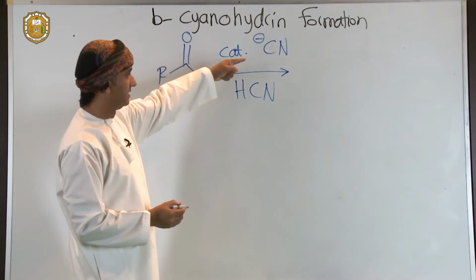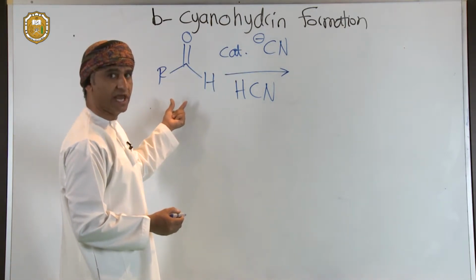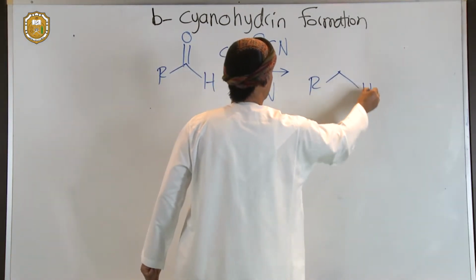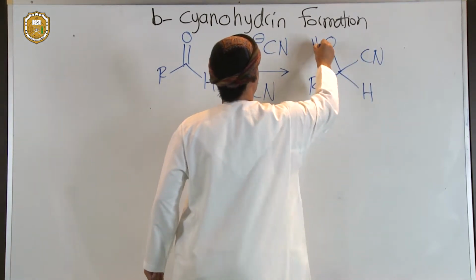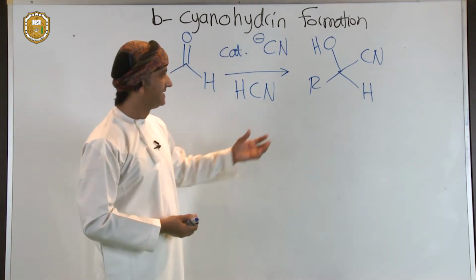So catalytic cyanide ion, HCN, we have a general aldehyde here, and the product is the corresponding addition product, which is called cyanohydrin.